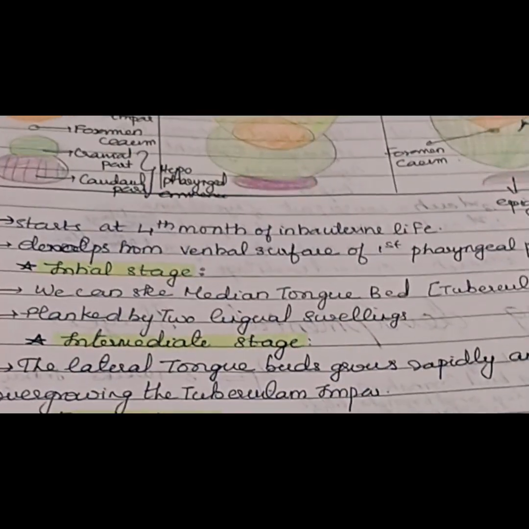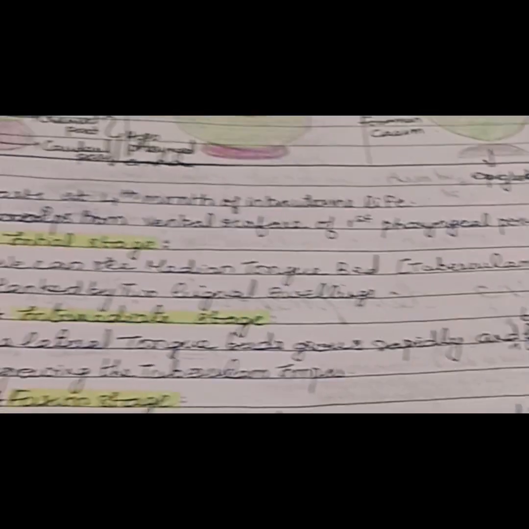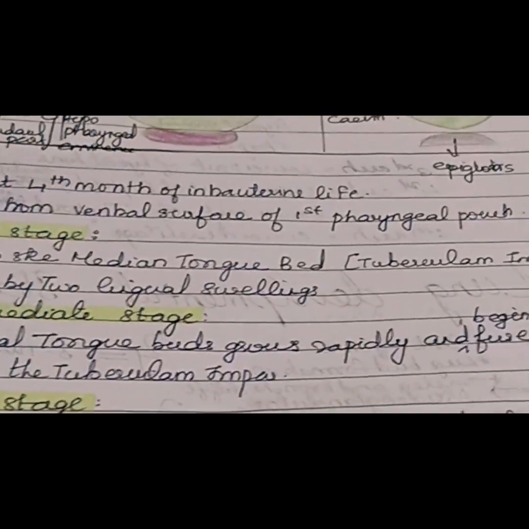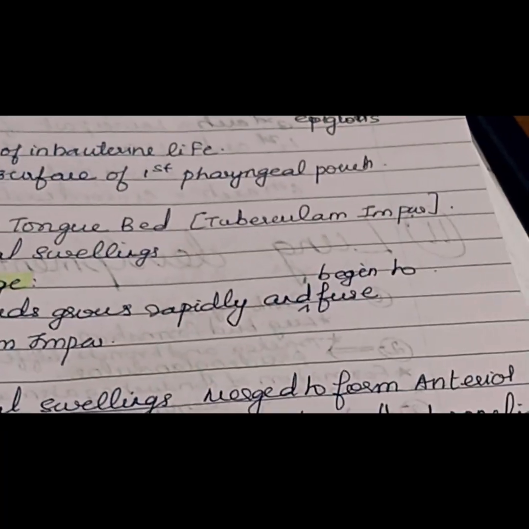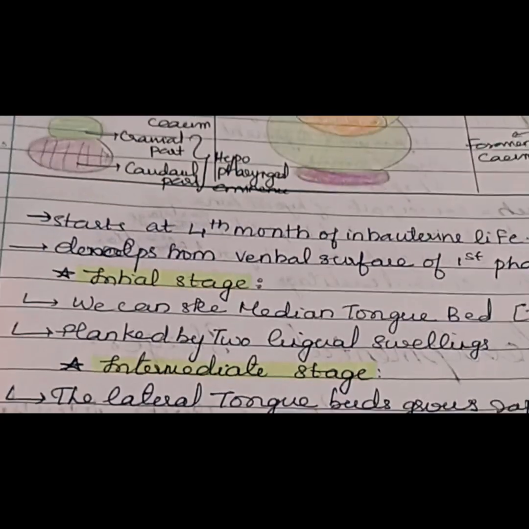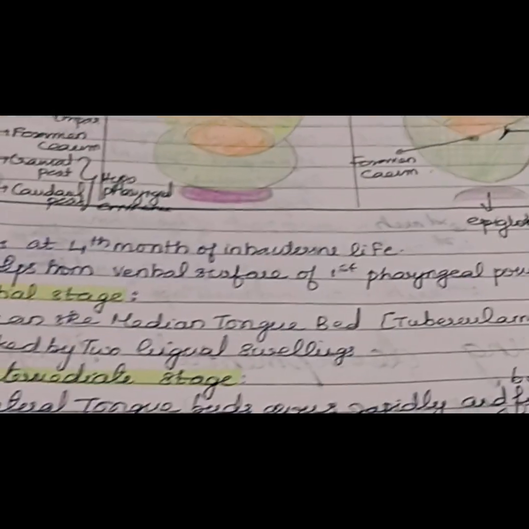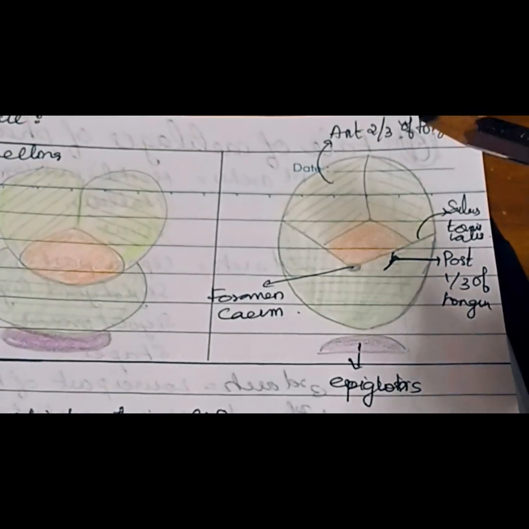What is meant by the fusion stage? The lateral buds, the lingual swellings, merge to form the anterior 2/3 of the tongue and the posterior parts fuse to form the large hypobranchial eminence. So when you see this, this is the anterior 2/3.